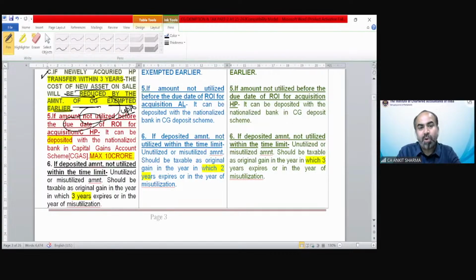It can be deposited with the Nationalized Bank in the Capital Gain Account Scheme, CGAS, and the maximum you can claim the benefit of is 10 crore rupees. If the deposited amount is not utilized within the time limit, the unutilized or misutilized amount should be taxable as capital gain in the year in which 3 years expire or in the year of misutilization.